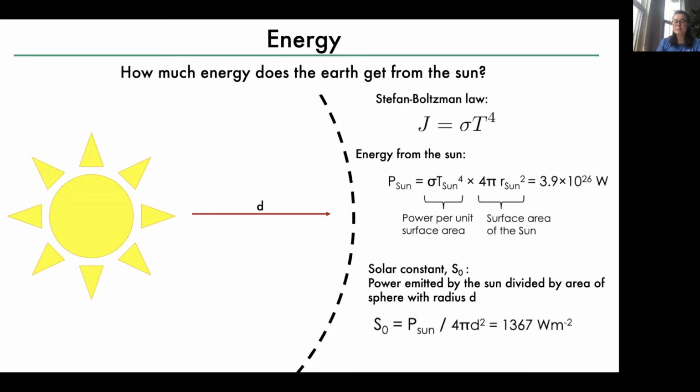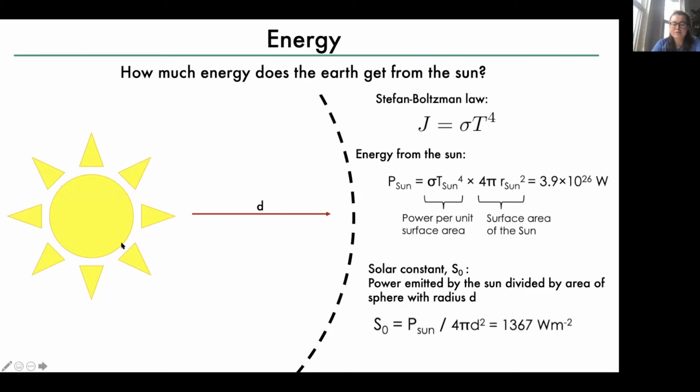Using the Stefan-Boltzmann law, we can then figure out how much energy the Earth actually gets from the sun. I should mention that this exercise we're going to step through right now is going to be a way for us to estimate the global average surface temperature of the Earth. We'll start first with how much energy the sun is actually emitting.